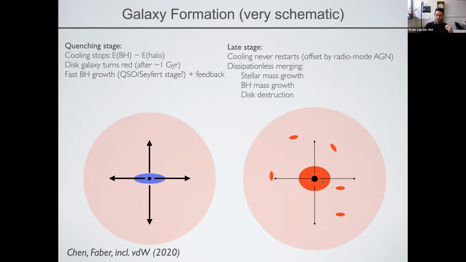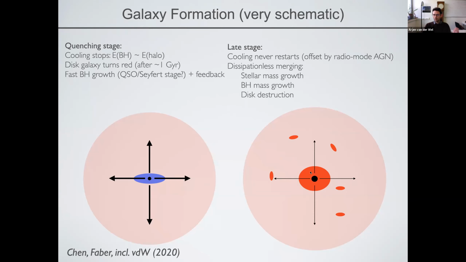So slowly the disk-like structure of this quiescent galaxy gets destroyed, the stellar orbits get scrambled, the galaxy grows in size, the black hole grows in mass, so every little galaxy brings in its own black hole, and eventually the disk is destroyed. Now, over the timescale of gigayears, this hot halo will still slowly cool.